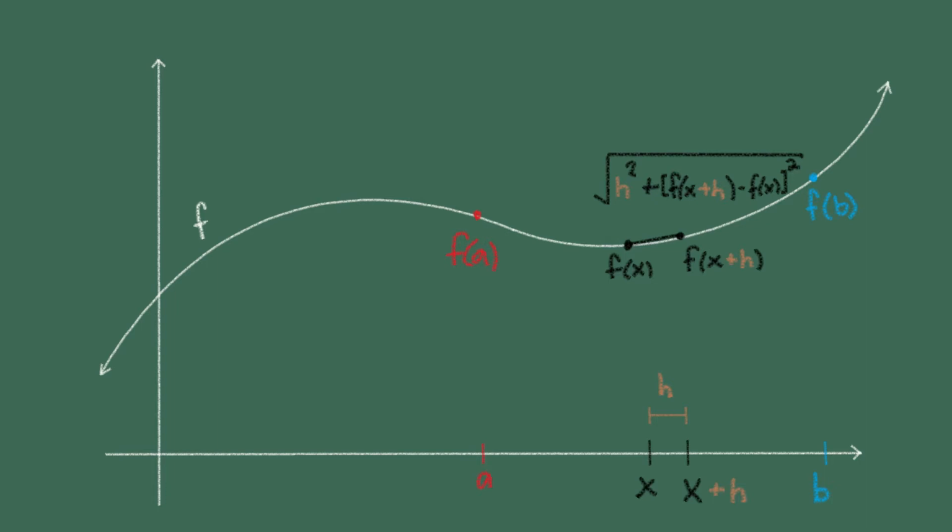The expression inside the square root vaguely reminds you of the mean value theorem, so you quickly recall that since f prime is continuous on this closed interval from x to x plus h, there exists c sub h in the open interval x to x plus h, such that f prime of this c sub h is equal to the fraction f of x plus h minus f of x all over h.